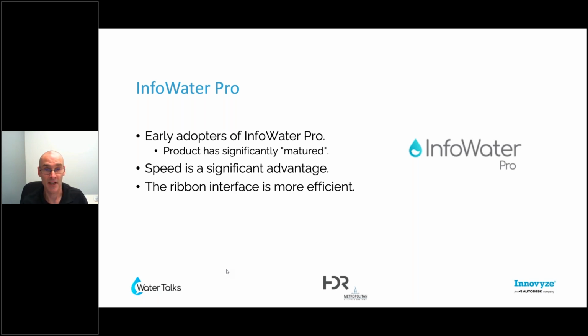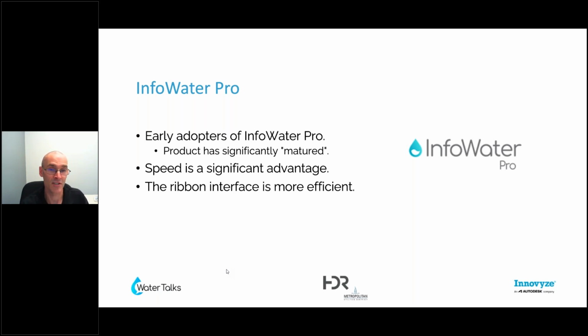Admittedly when Pro first came out, there were some inconsistencies, some bugs. We were able to identify a lot of those, and the product has significantly matured. In a year or so time frame, we've seen leaps and bounds of InfoWater Pro improvements, and the product's really a stable product right now.